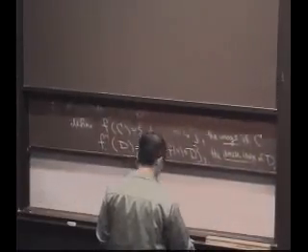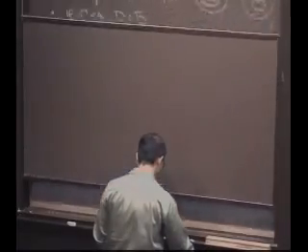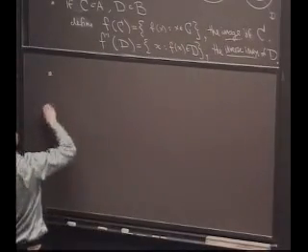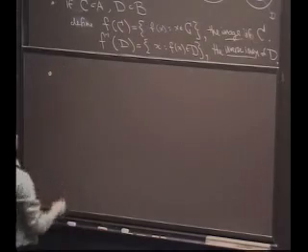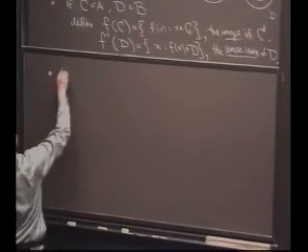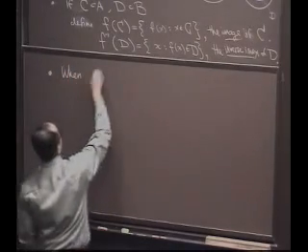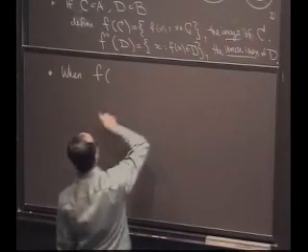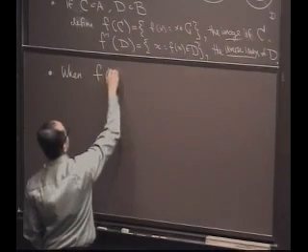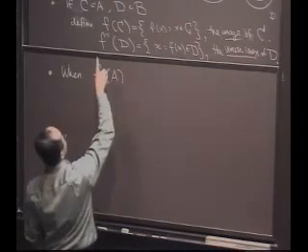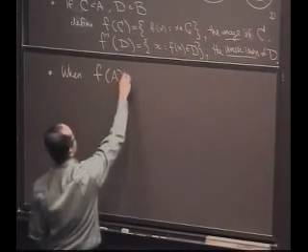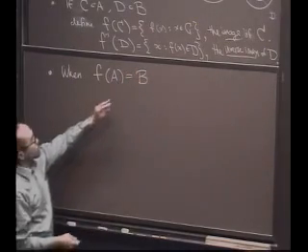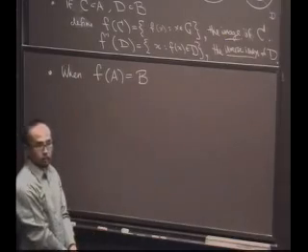So let's make some notation, some definitions. There's a very special situation where, if you take the image of all of A and it hits all of B, this is a situation where the codomain is the range of this function.